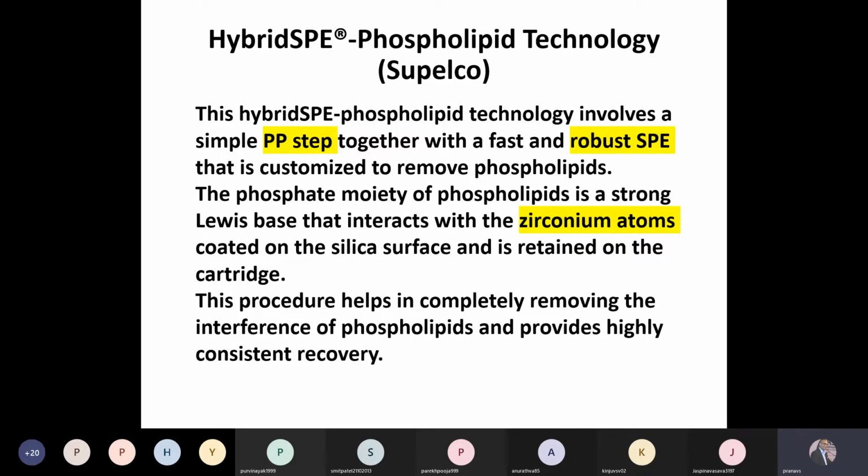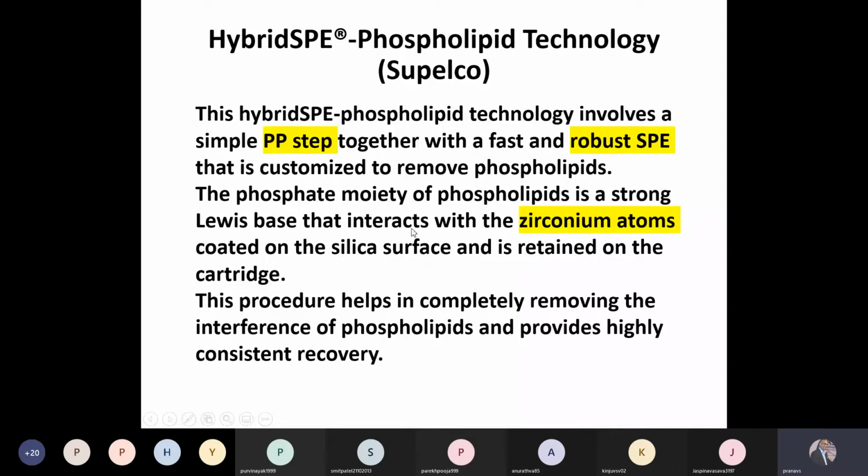This hybrid SPE phospholipid involves a simple protein precipitation step with a fast and robust SPE that is customized to remove phospholipids. That means the material is such that it can retain highly selectively all phospholipids. This is very important, and it involves two steps: protein precipitation as well as retaining phospholipids. The phosphate moiety of phospholipid is a strong Lewis base.